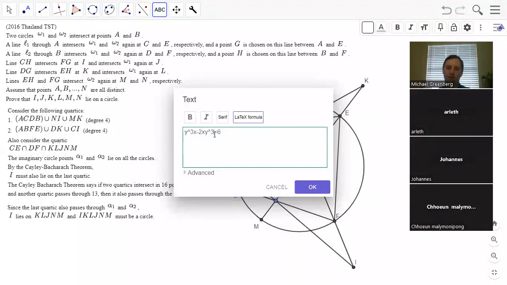It can have lower degree terms though, right? Yeah, normally you'd write it in homogeneous coordinates.